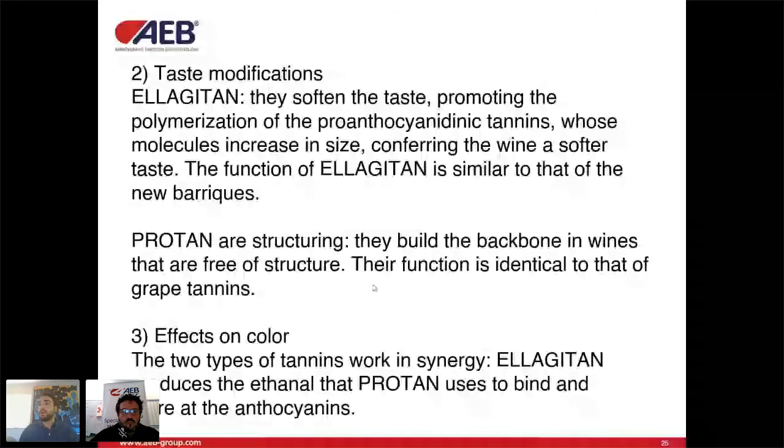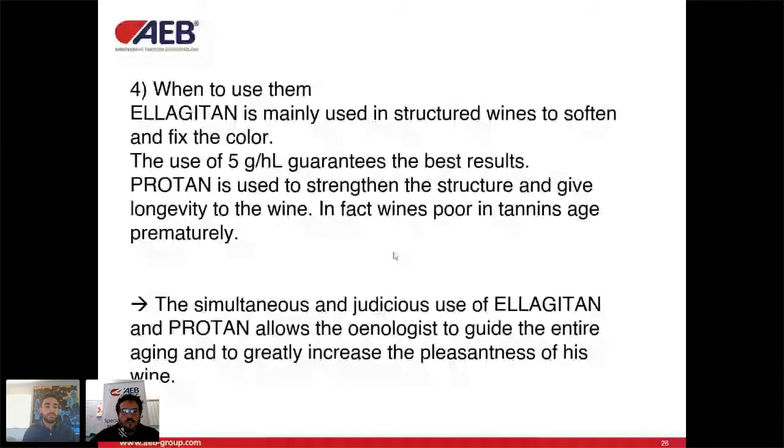And so all of these different features result in two different uses, where the ellagic tannins are used in structured wine to soften the structure and to help fix the color, while the proanthocyanidic tannins are used to give structure to the wine, to give more strength and aging potential to a wine that after vinification was poor in this kind of tannins.